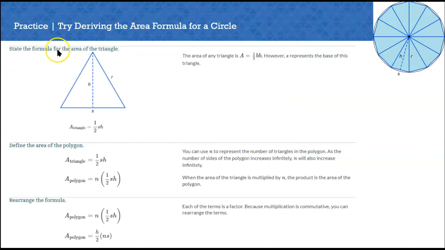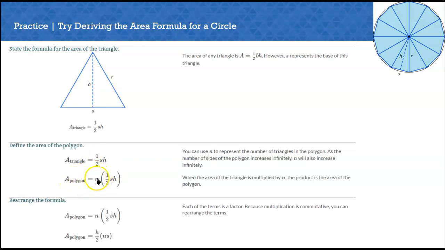Notice we're going to state the formula for the area of the triangle first. So area of the triangle is half of the side, also known as the base, times the height. We're going to define the area of the polygon by saying area equals half times the base times the height.